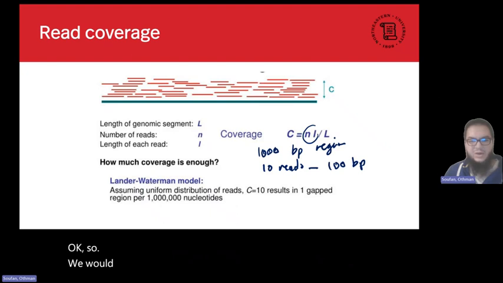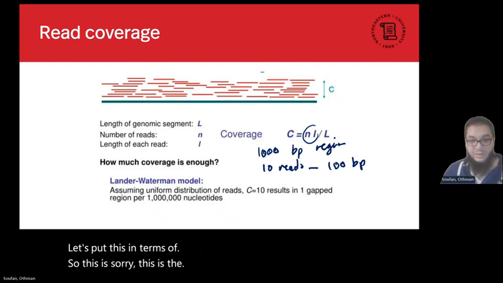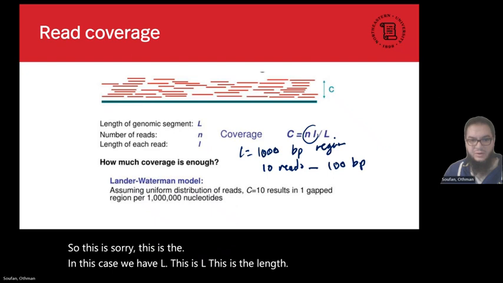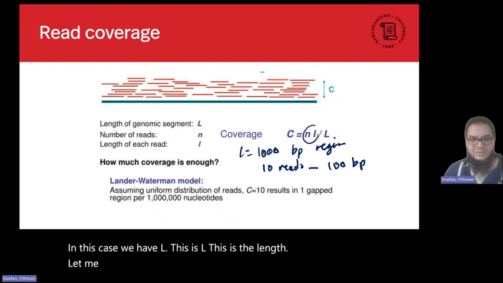So we would have a total of how many bases sequenced. Let's put this in terms of, in this case, we have L, this is L capital.